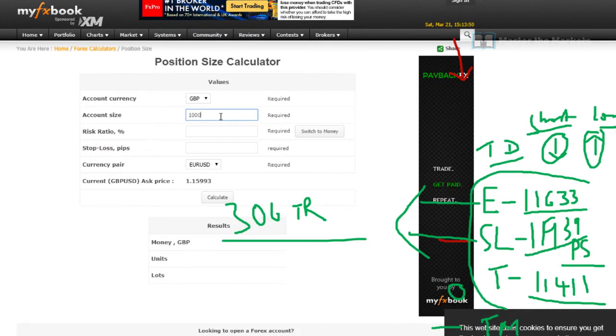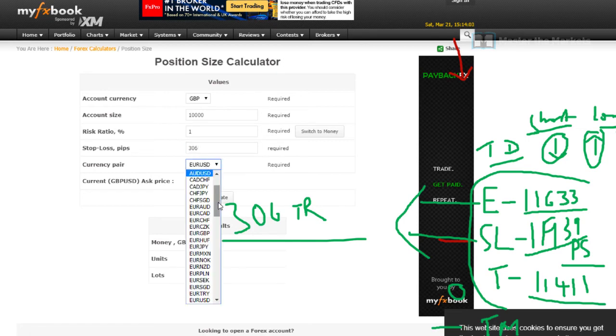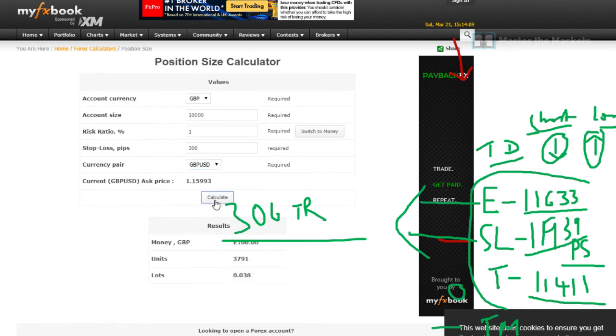Let's say your account size is 10,000 and you want to risk 1%. The pips, remember, is 306 pips of trade risk, which you calculated. The currency pair in this example is GBPUSD, or we just call it cable. It then tells you that for £100 to risk, which is 1%, you need to trade 3,791 units, or in lots, 0.038.